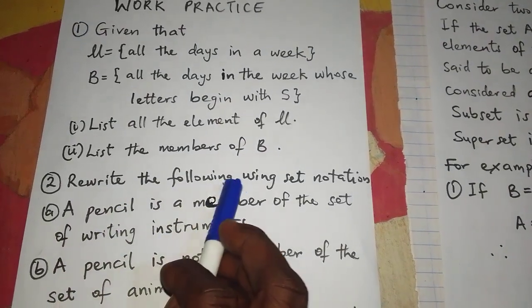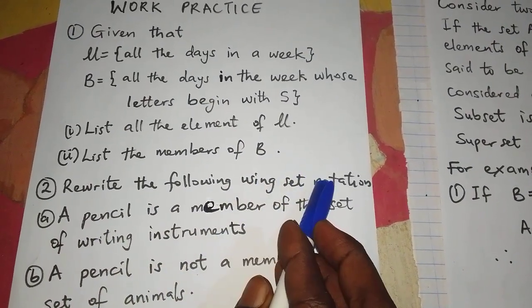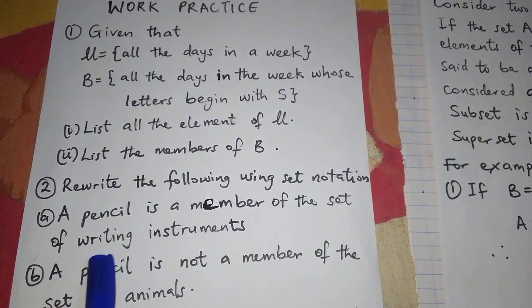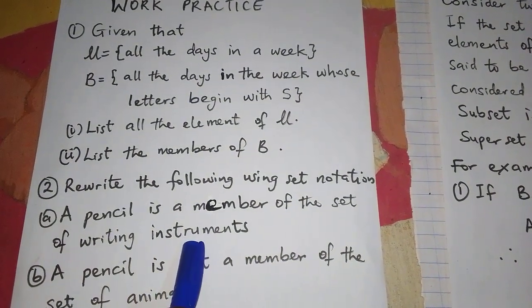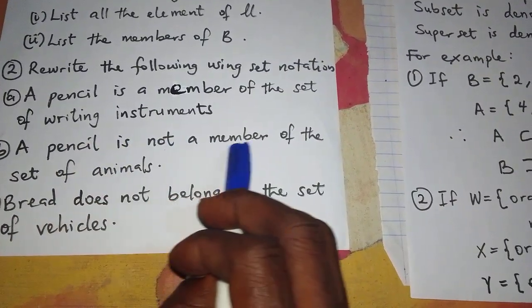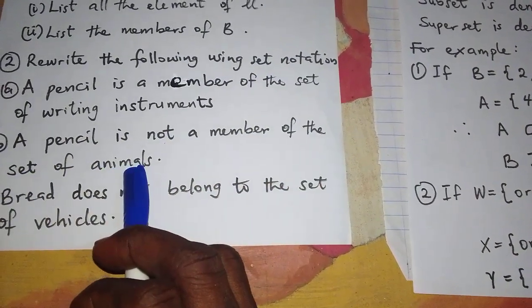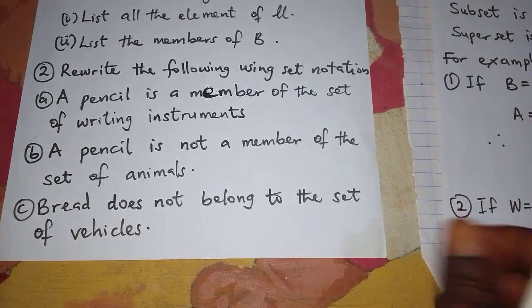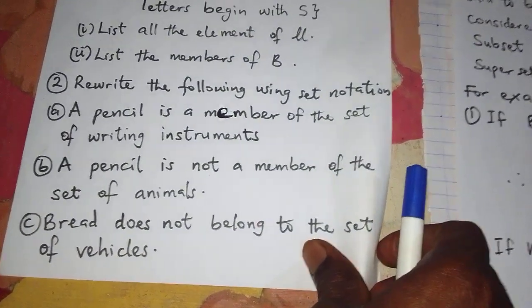Rewrite the following using set notation. A. A pencil is a member of the set of writing instruments. B. A pencil is not a member of the set of animals. C. Bread does not belong to the set of vehicles.